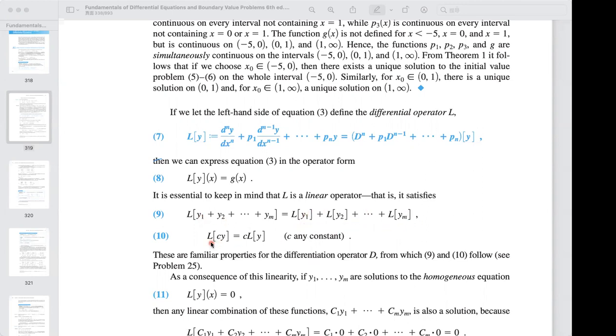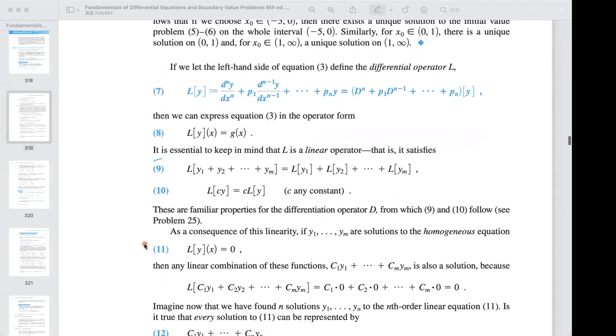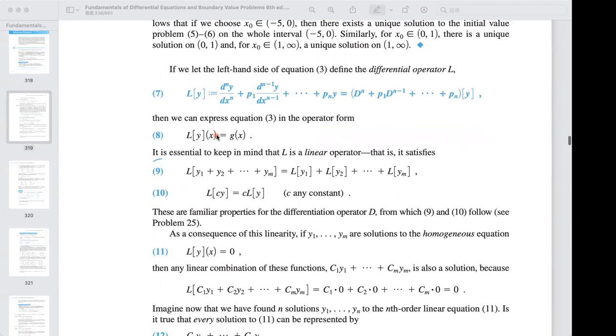The same, if L works on cy, this constant c can be moved out of the bracket, becoming c times Ly. These two properties define linearity.